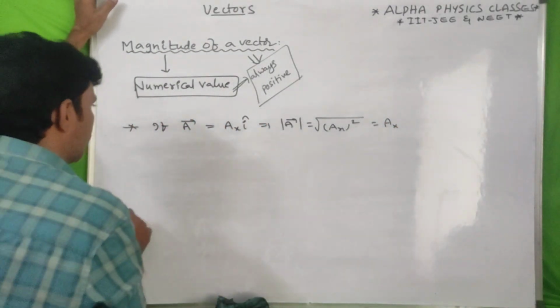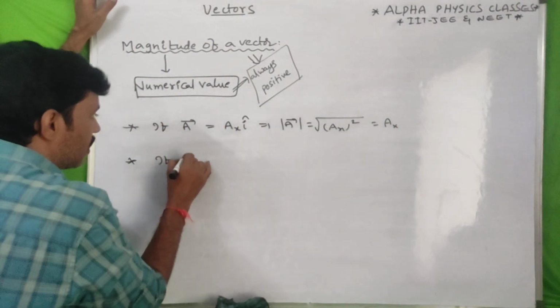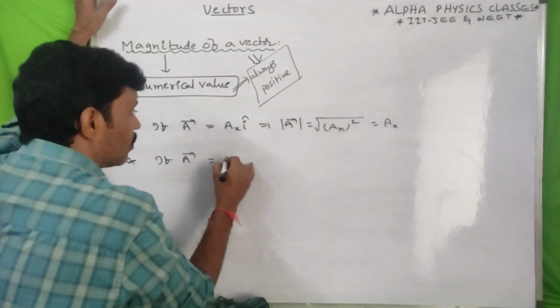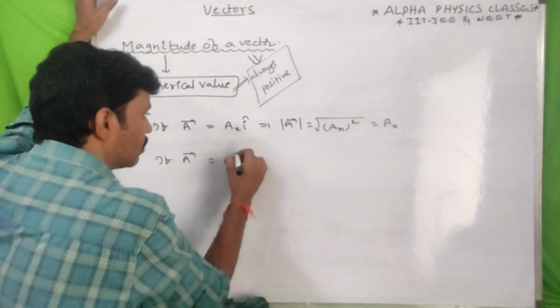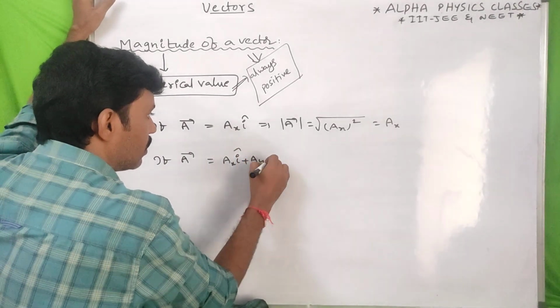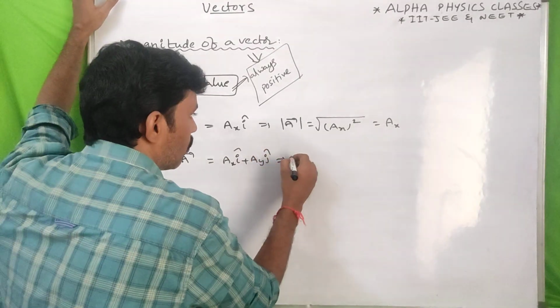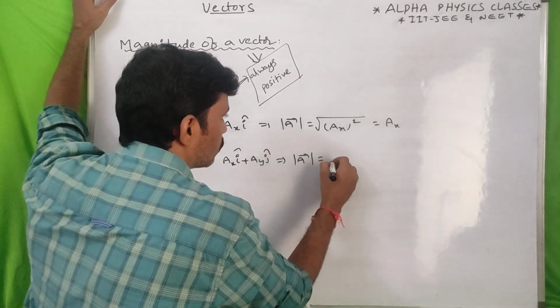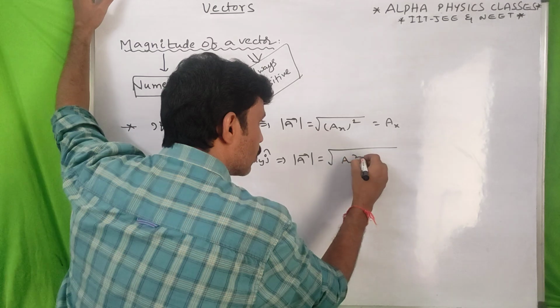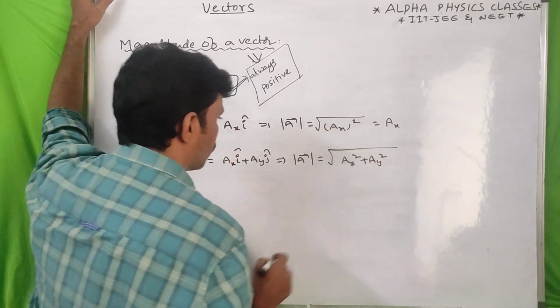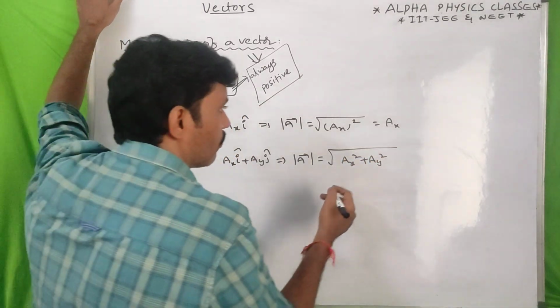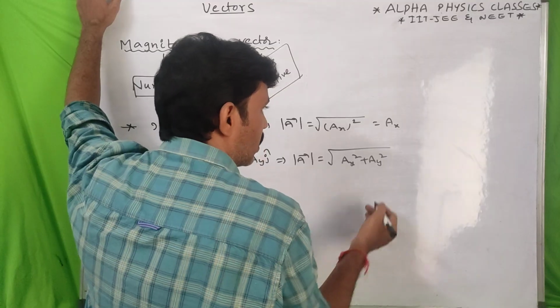Next, if a bar vector is equal to ax i cap plus ay j cap, then modulus of a bar is equal to square root of ax square plus ay square. After simplification we get that value.